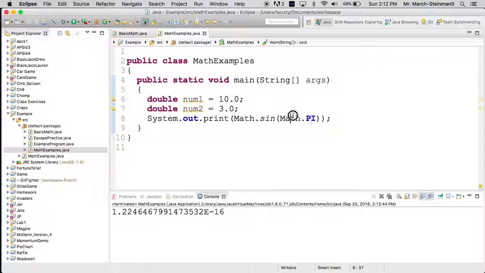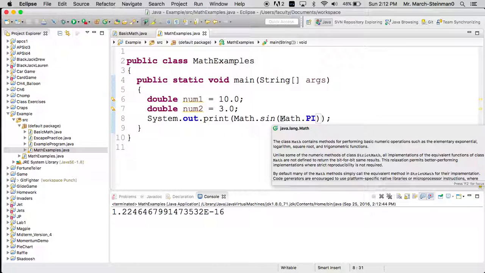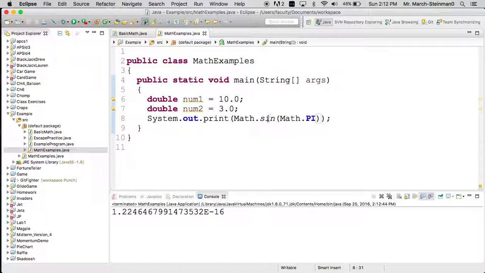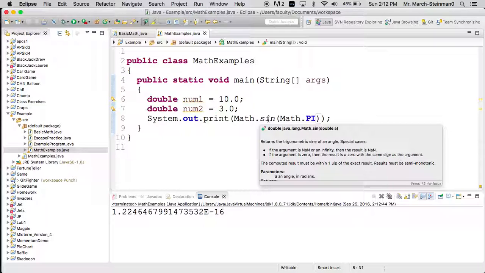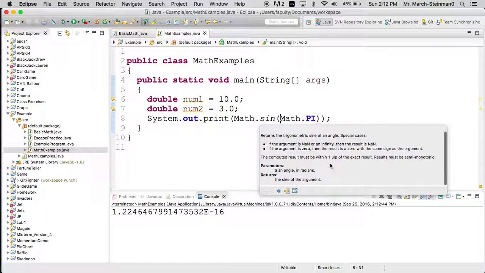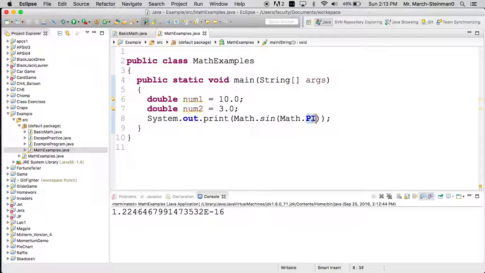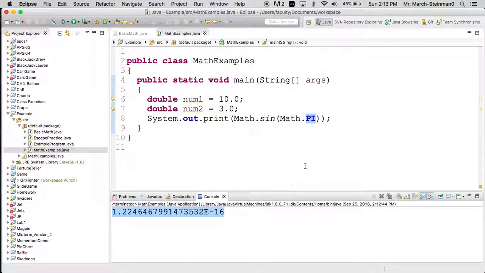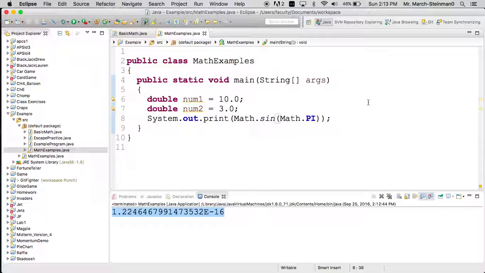And we get something really, really small. We have an angle in radians, so pi radians, the sine of that should be really, really small. And this runs into an error that we get when we get a double that's trying to get really, really close to 0.